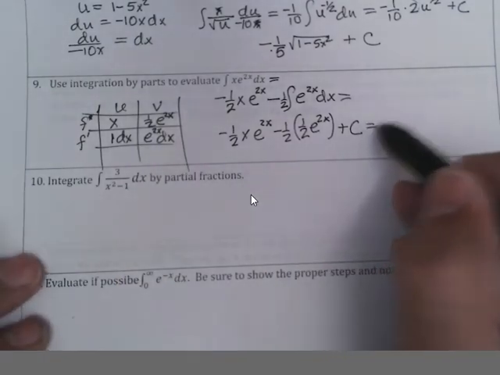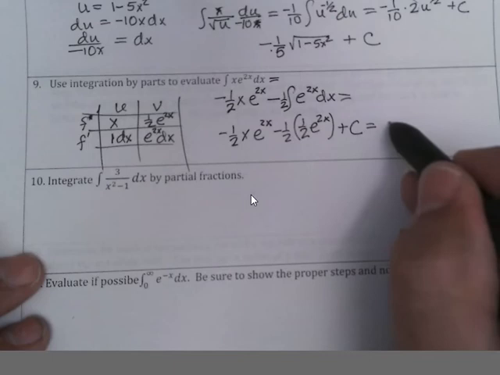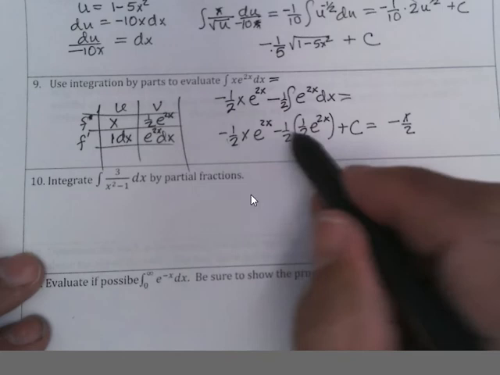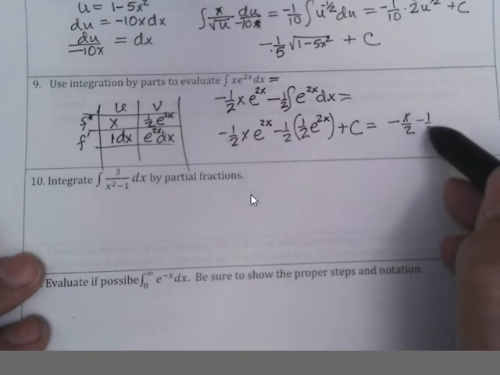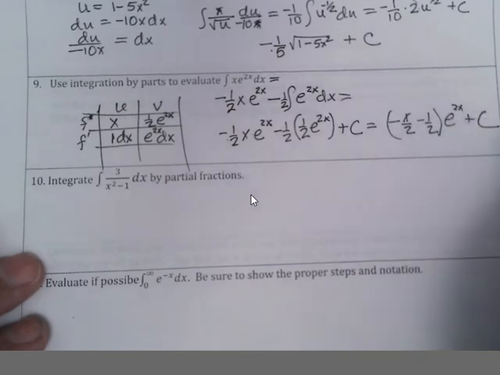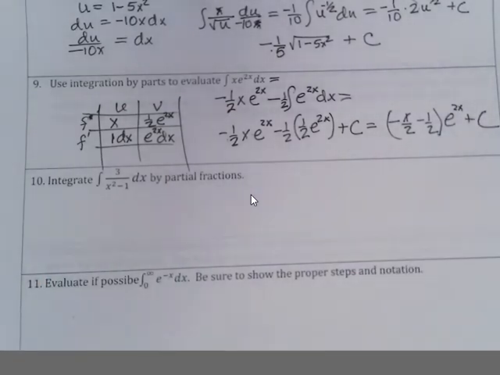So simplifying this a little bit, we get minus 1 over x over 2 minus 1/2, and both of those are times e to the 2x. That's one way you could simplify. Not necessary, but you could.